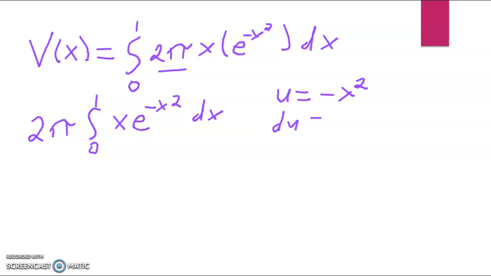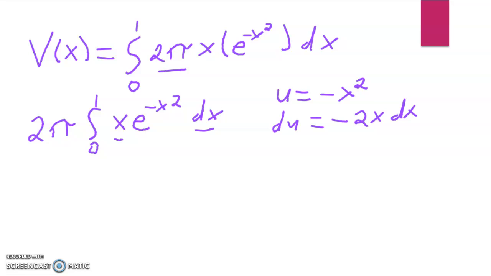And then we're going to take the derivative of u, so that leaves us with du equivalent to negative 2x dx. Now we're going to solve for x dx so that we could replace this with x dx.